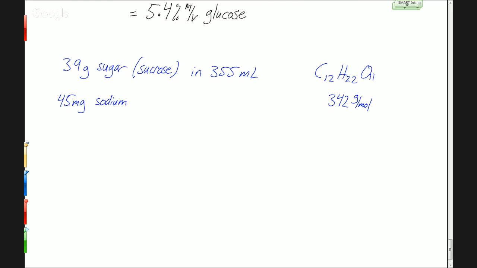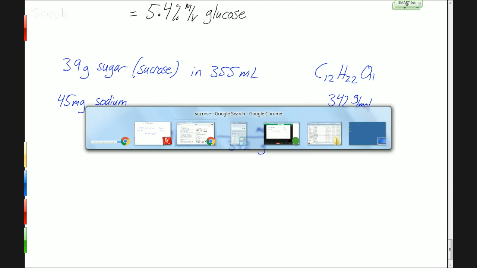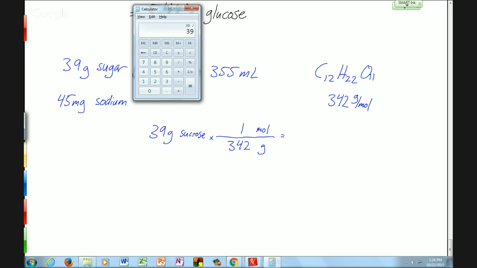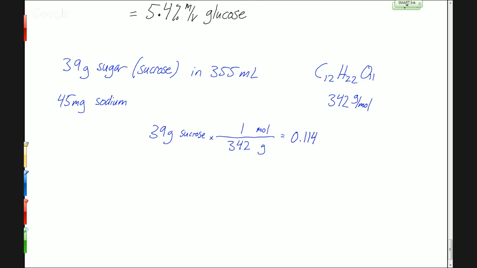So we've got 39 grams divided by 342 grams per mole, which is 0.114 moles.